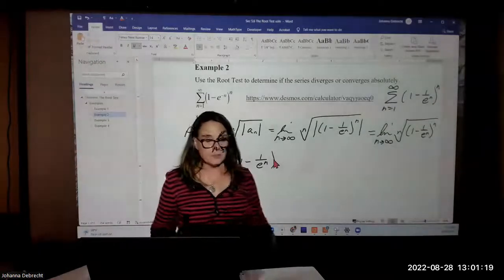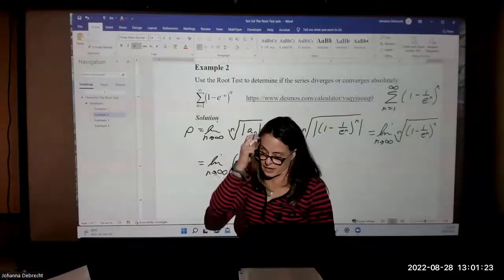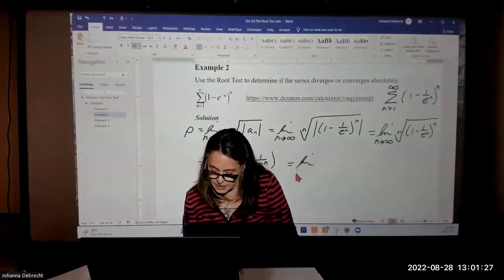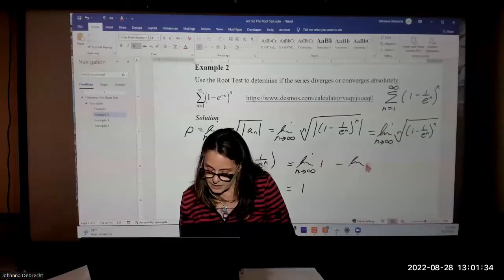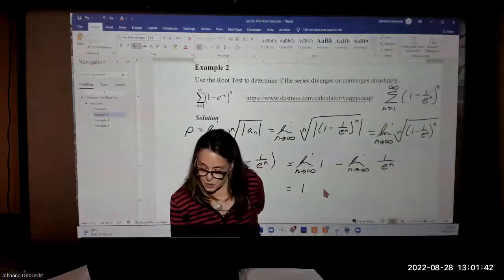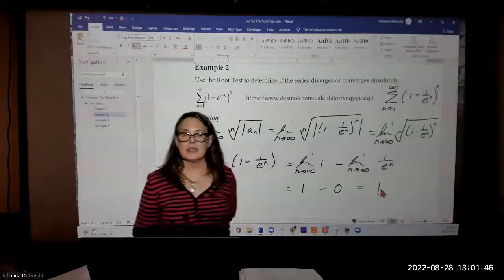I can split this up into two limits: the limit as n goes to infinity of 1, which just gives me 1, minus the limit as n goes to infinity of 1 over e to the n, where the denominator goes to infinity. So this one goes to 0, which gives me a 1.